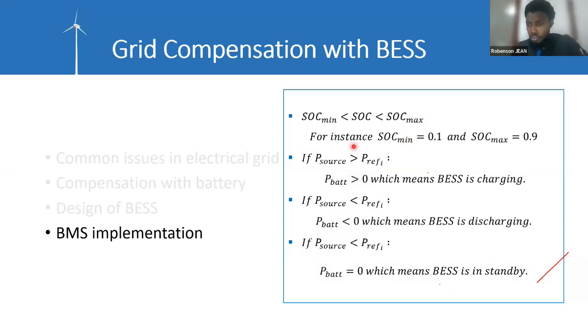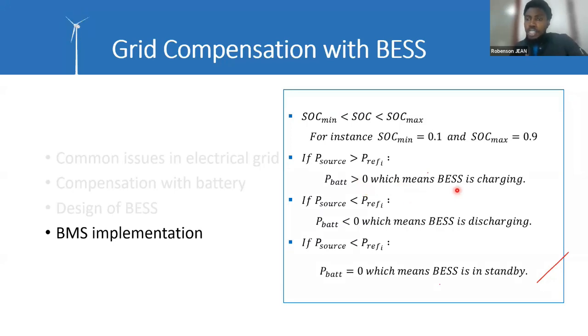So the algorithm is like that. If the power of the source, like the generation power, is higher than the reference power, so the flow of power that goes between the DC boost and the battery, this flow will be positive. So this means the power will come to the battery.